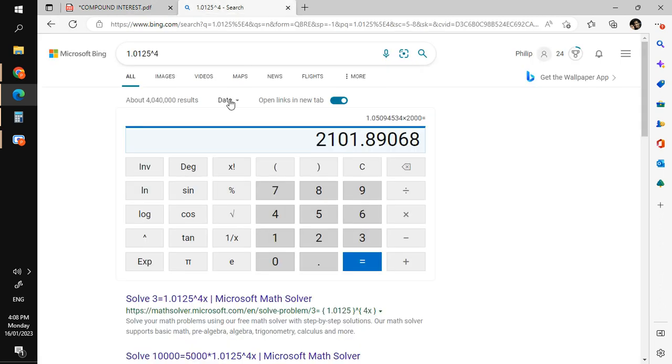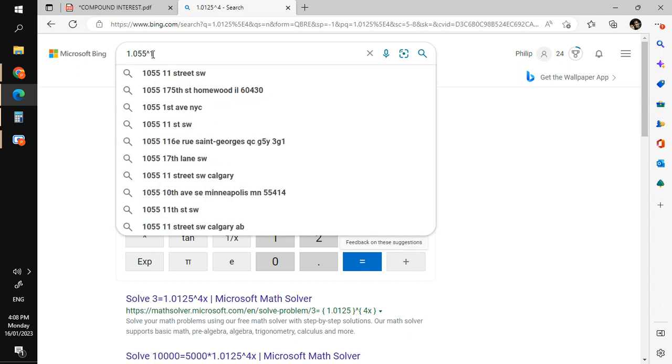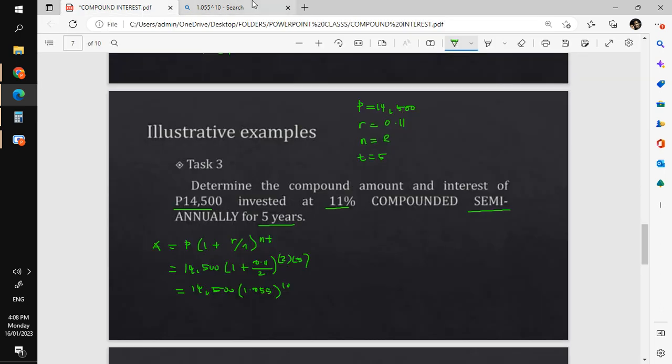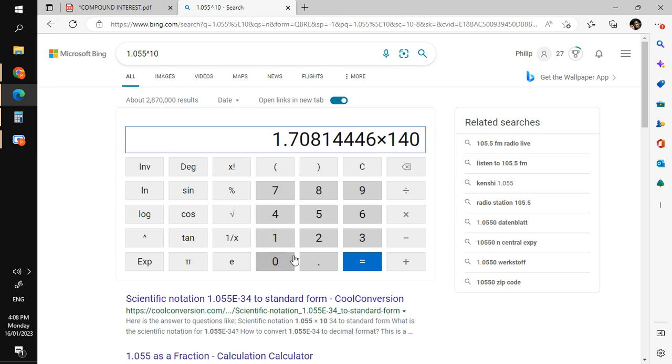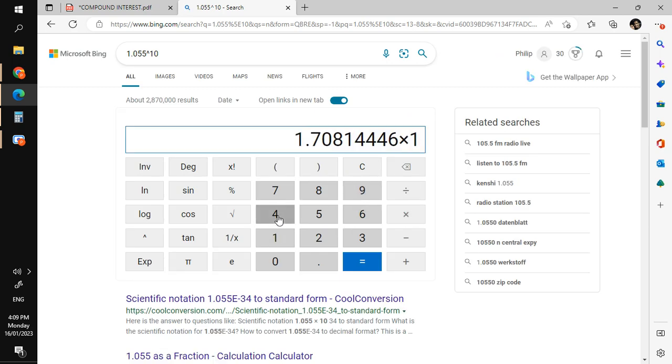So you have 1.055 raised to 10. This will give us 1.70 something times the principal amount, which is 14,500. Let's do it again. Times 14,500. Okay, that's 1.7 times 14,500.